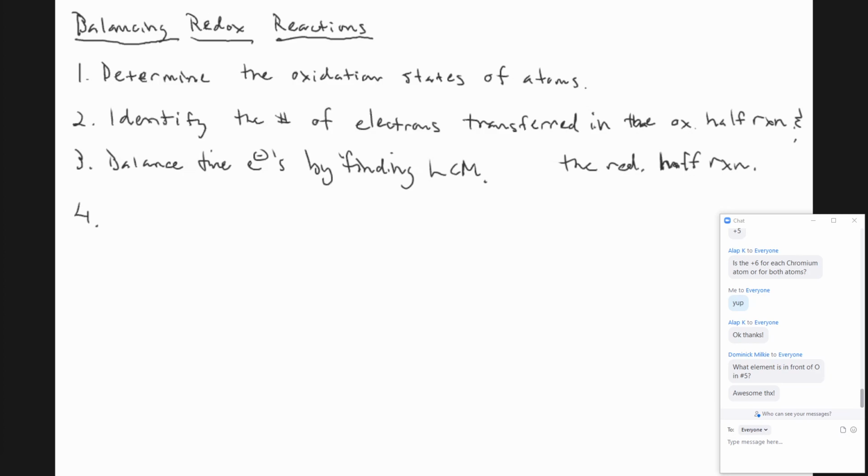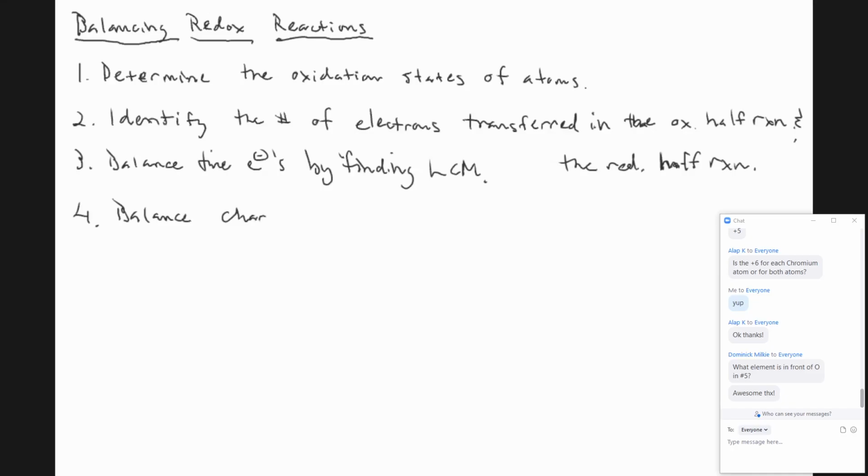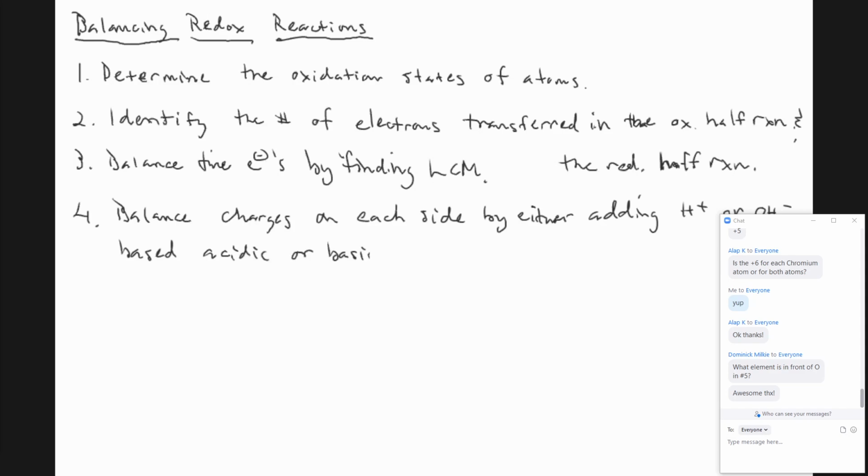Fourth step, balance charges on each side by either adding H plus or OH negative based on acidic or basic environments.